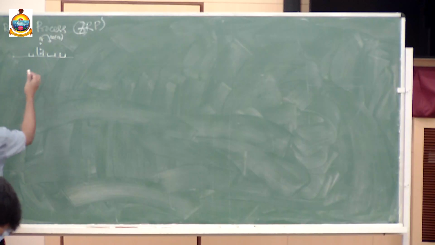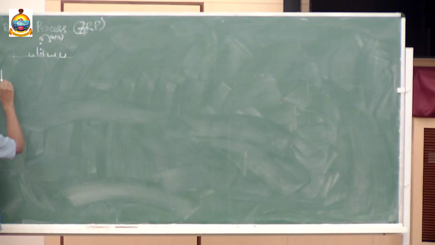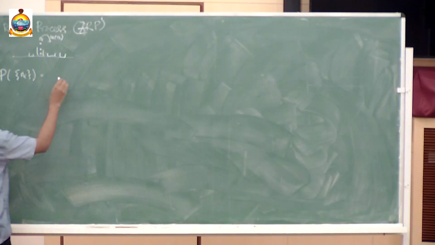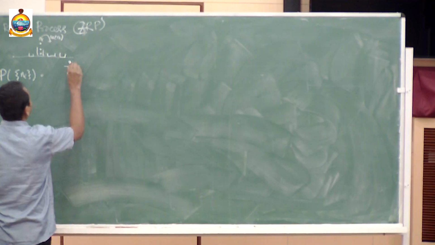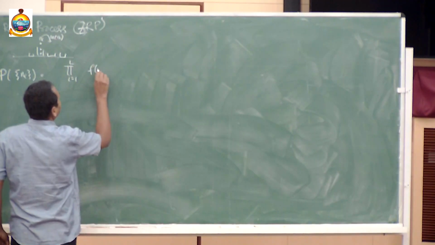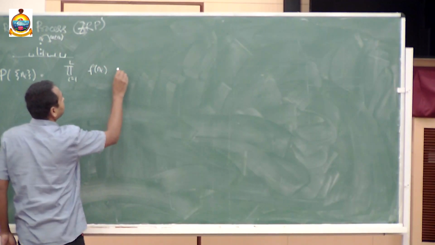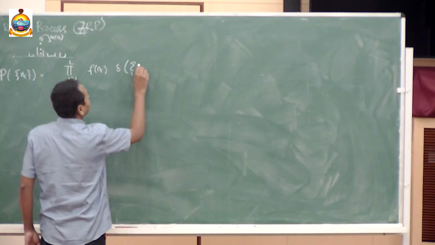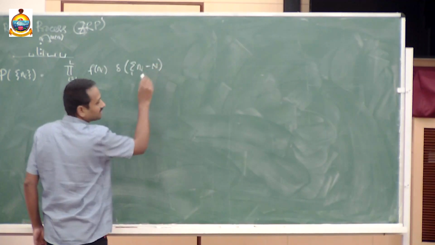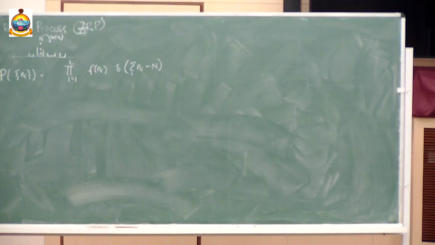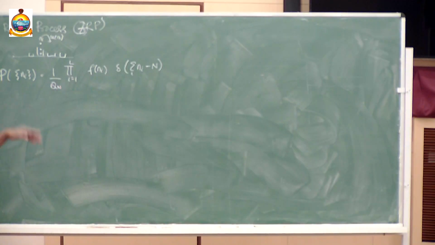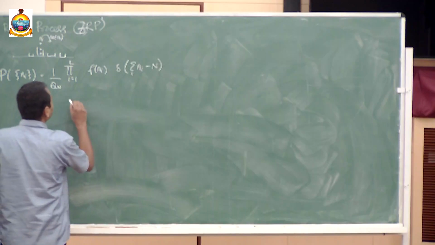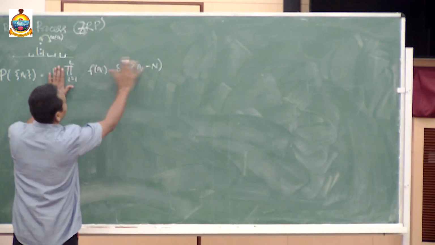So the steady state of this model is P of Ni equal to the product over i equal to 1 to L of f of Ni, and delta of the summation over i of Ni minus N. So that's the steady state. Of course, there is a 1 by Qn, and Qn is just the sum of the rest of the terms.